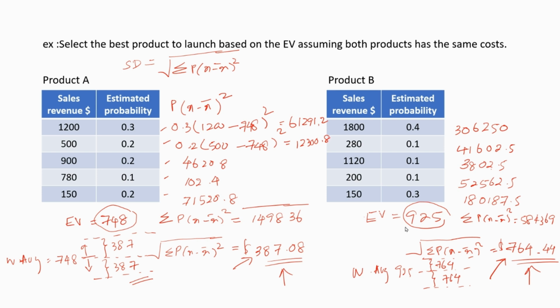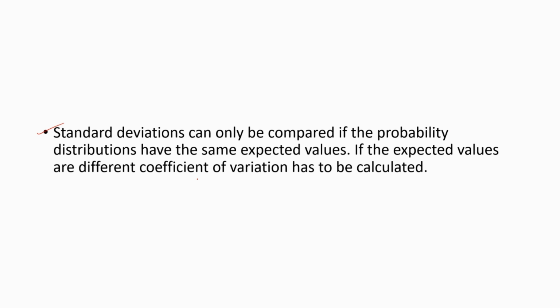Let's say both product A and B have the same expected value, let's say 800. Now we can compare the standard deviations, which means now we can make decisions based on the standard deviations we calculated. If the expected values are not equal, we have to calculate the coefficient of variation. This is also called the relative standard deviation.